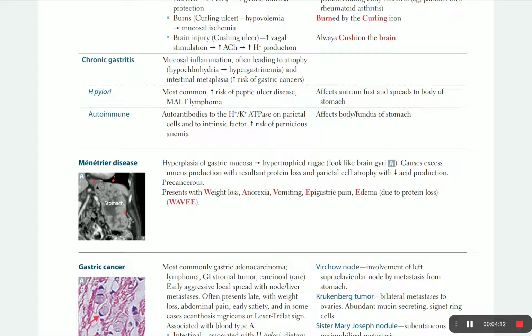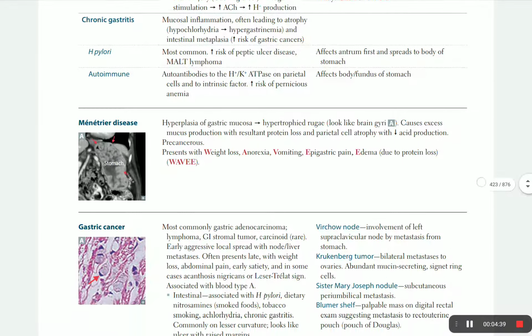H. pylori, as simply and quickly as I can, keeps alkalinizing the media in the stomach, so it enhances the stomach to produce more HCl to return the media back to its acidity. So it affects the antrum first and spreads to the body of the stomach.